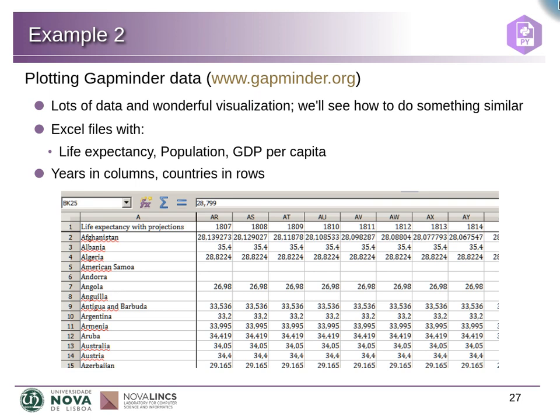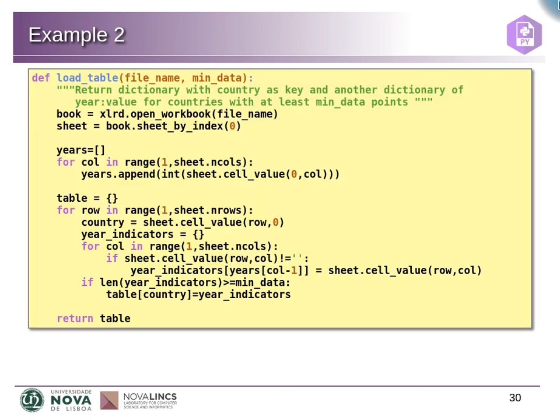And here we check if the value on that cell is not empty. So this is different from the exclamation point and equal and an empty string. If it's not empty, then we have a value there. We're going to put it in the dictionary for this country. So the indicators for this country will get the key corresponding to the year.